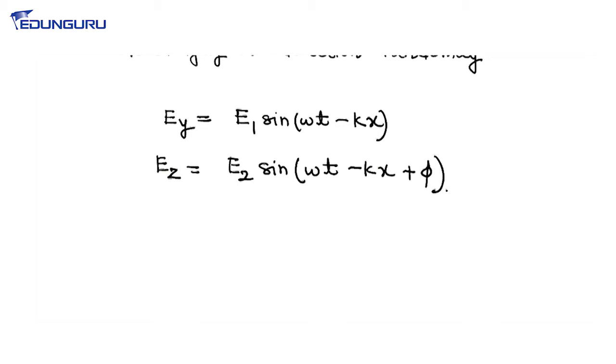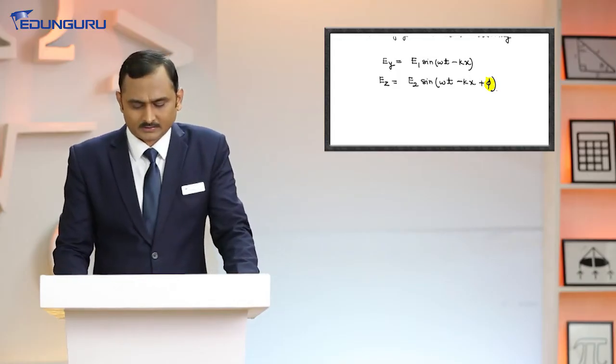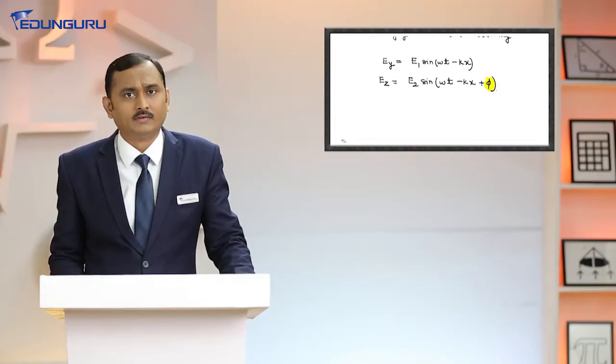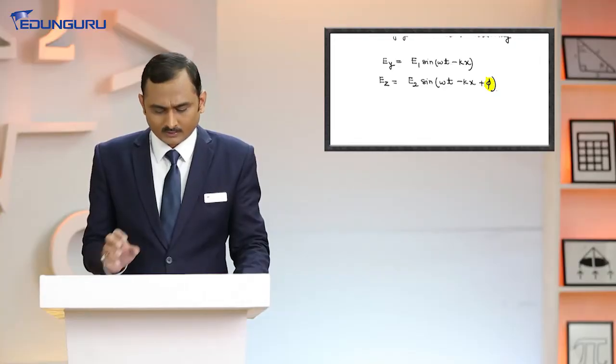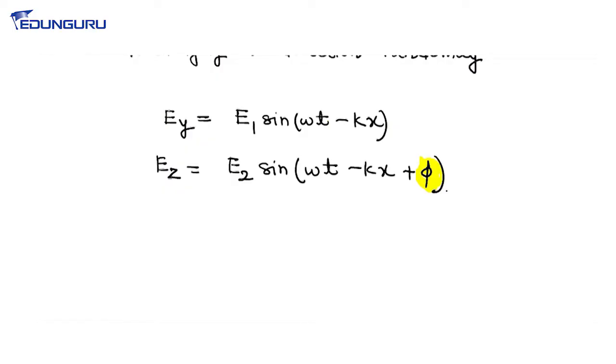Here we are taking this phase constant phi as a variable, changing with time. So Ez is phi ahead of Ey, but this phase is changing with time.